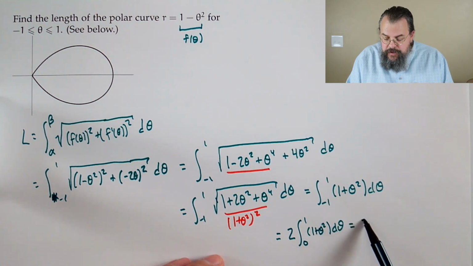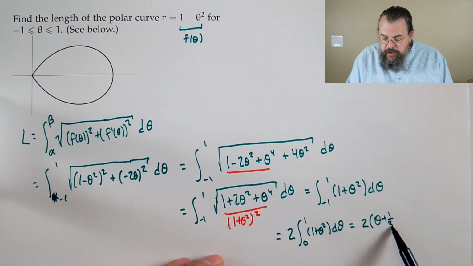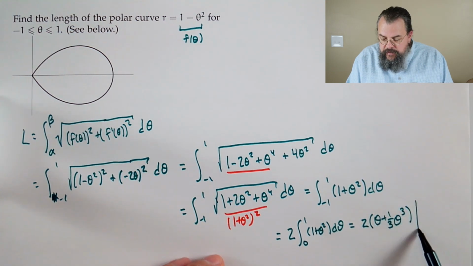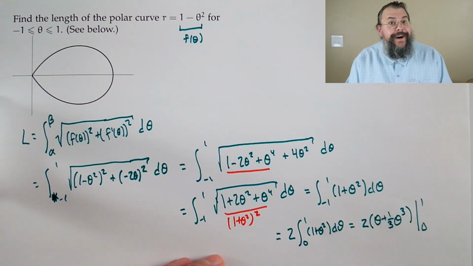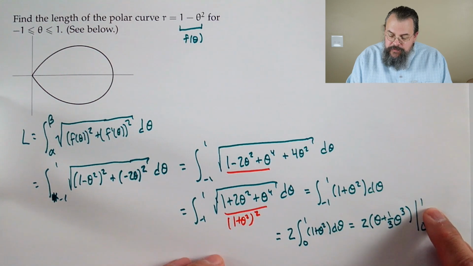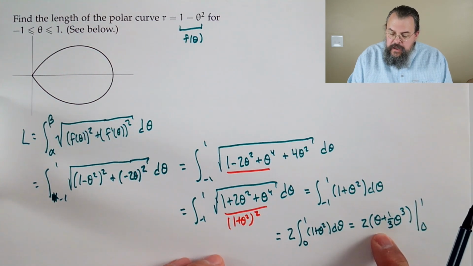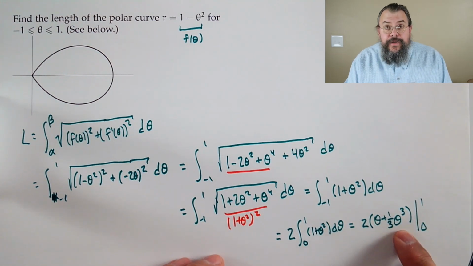So we end up with 2. Integral here would be theta plus 1/3 theta cubed. Evaluate from 0 to 1. When you plug in 0, you get 0. What a nice number, 0. When you plug in 1, you're going to get 1 plus 1/3. That's 4/3.